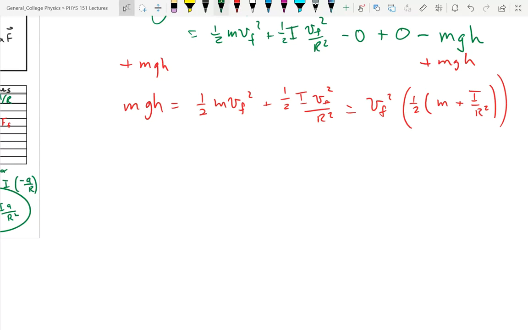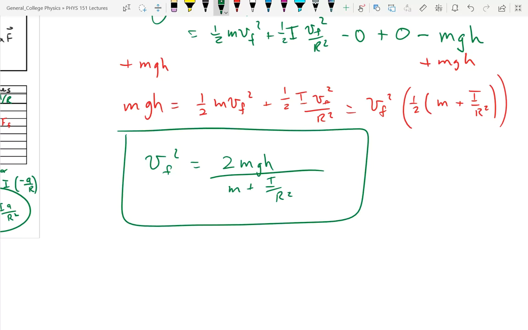So solving for V final squared, I have this relationship. Now, of course, I would square root it to get to V final.